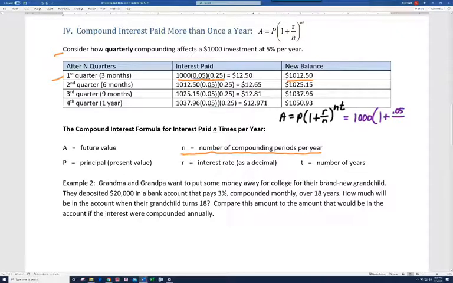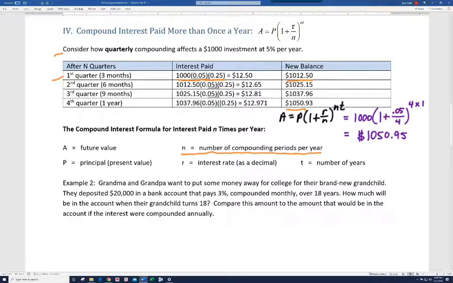So if it's quarterly, we're going to say 4 times a year, which is every 3 months. So in this problem, n is 4, and that'll be to the nt power, which is 4 times 1, because at the end here we're after 1 year, and you get $1,050.95.